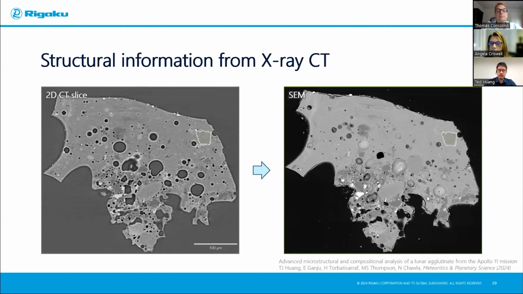If they are the same phase, they will have the same contrast throughout your CT scan. So because of that, I will be able to correlate back the information I get from SEM, look at this type of contrast inside the CT, and identify them as the phase I was looking at in SEM. So that's how I correlate the information back into the CT using the contrast differences.